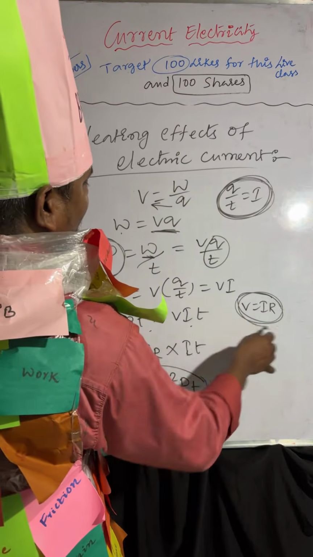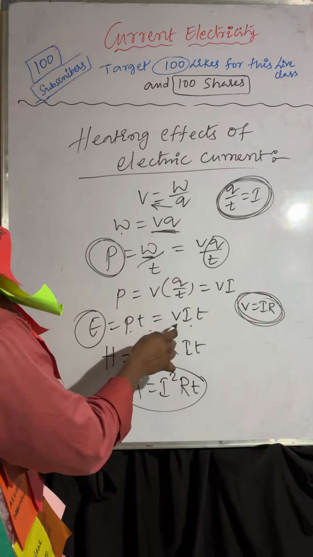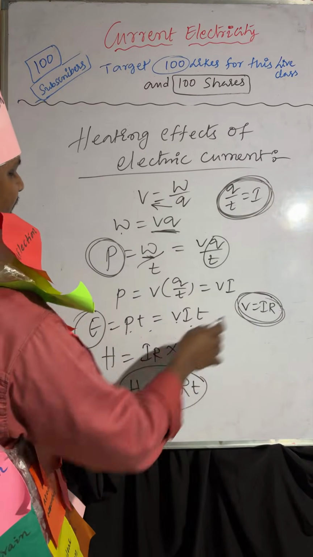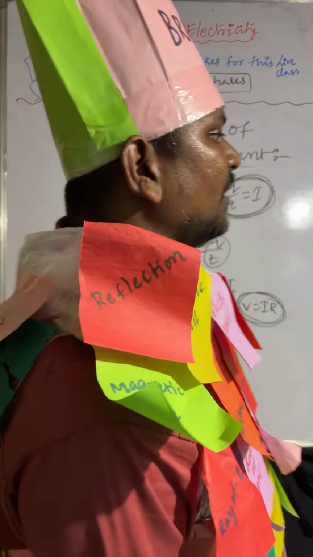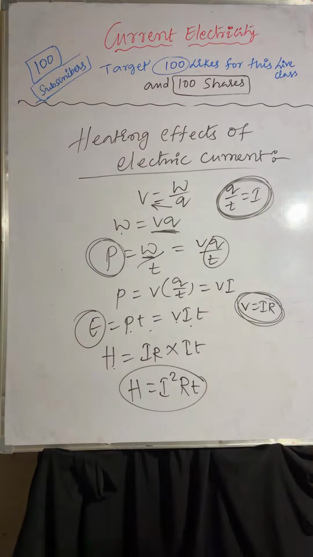Substituting V equal to IR, H equal to IR into I into T, that is I square RT. So heat produced in the conductor is directly proportional to time and directly proportional to resistance. That is about the heating effect of electric current.